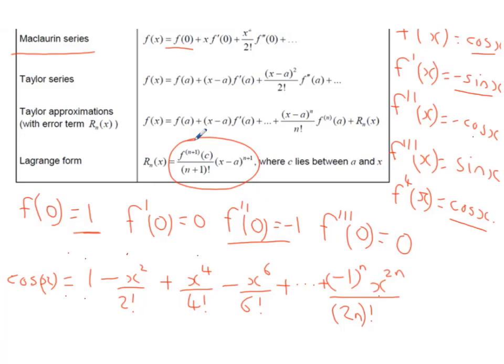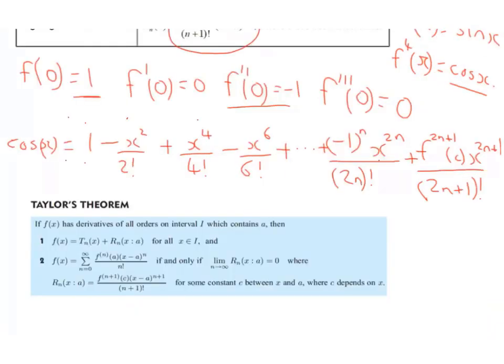So it's going to be plus the 2n plus 1th derivative, so f^(2n+1) evaluated at a point c, over 2n plus 1 factorial, and it's x to the power 2n plus 1. That is the error form.